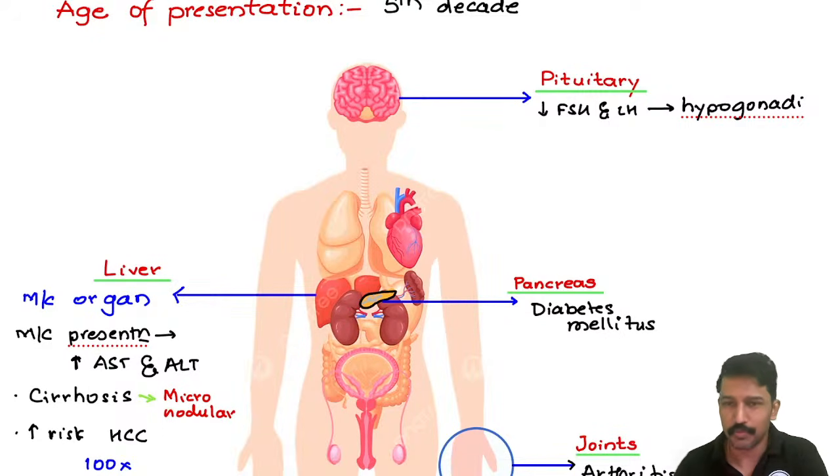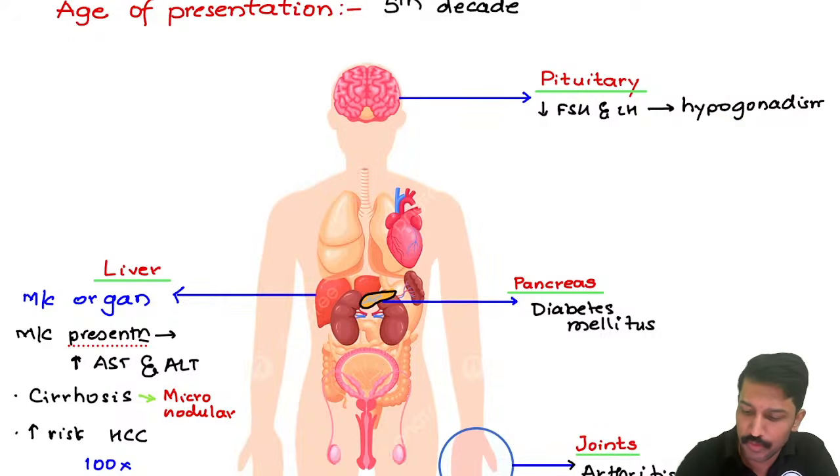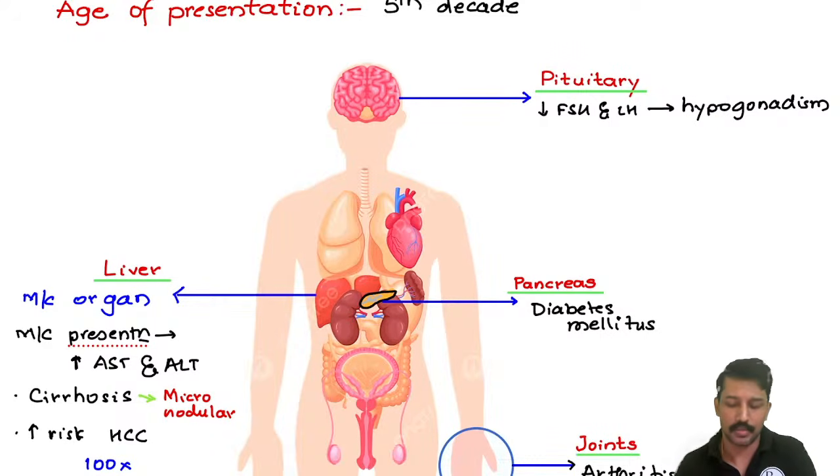So in males, because of the testicular dysfunction, there will be low testosterone. They can have reduced libido. They may lose the male characteristics, and they may have some feminizing features like gynecomastia. In females, the lack of ovarian hormones can cause amenorrhea. In simple words, we will call this hypogonadism.